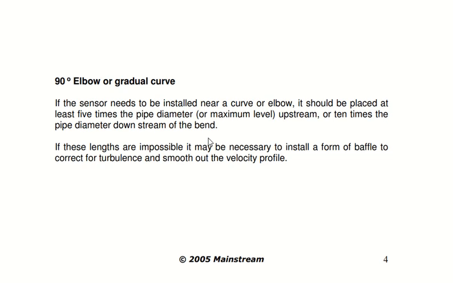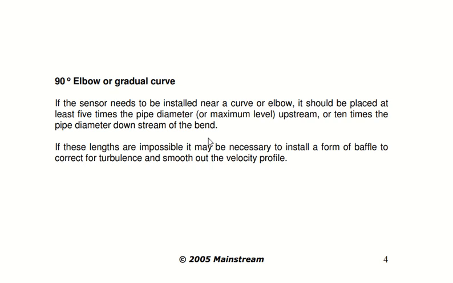Then we have the 90-degree elbow or gradual curve. If the sensor needs to be installed near a curve or elbow, it should be placed at nearly 5 times the pipe diameter upstream, or 10 times the pipe diameter downstream of the bend.